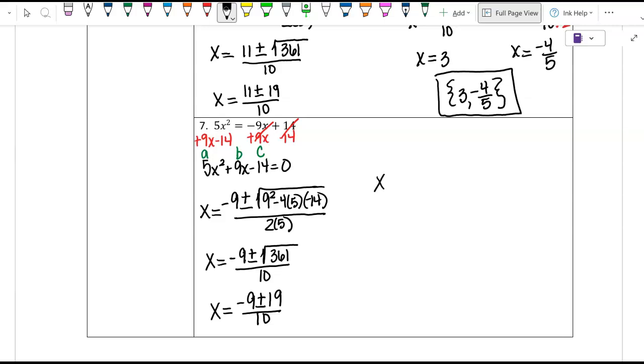I'm going to do one where x equals negative 9 plus 19 divided by 10, and x equals negative 9 minus 19 divided by 10. Negative 9 plus 19 gives me 10 divided by 10. So one of my roots or solutions is x equals 1.